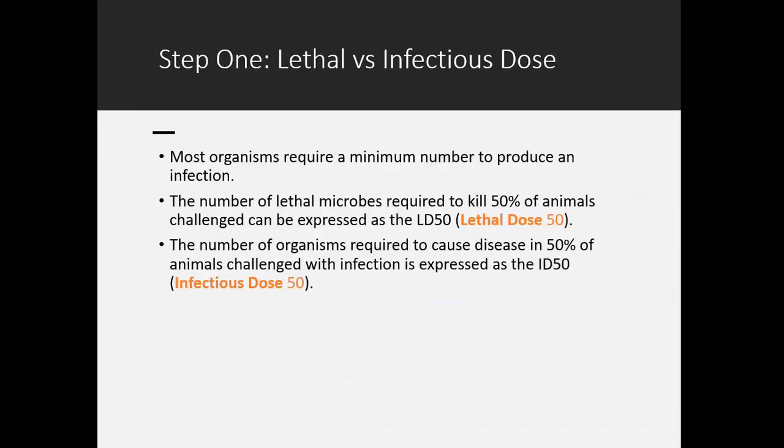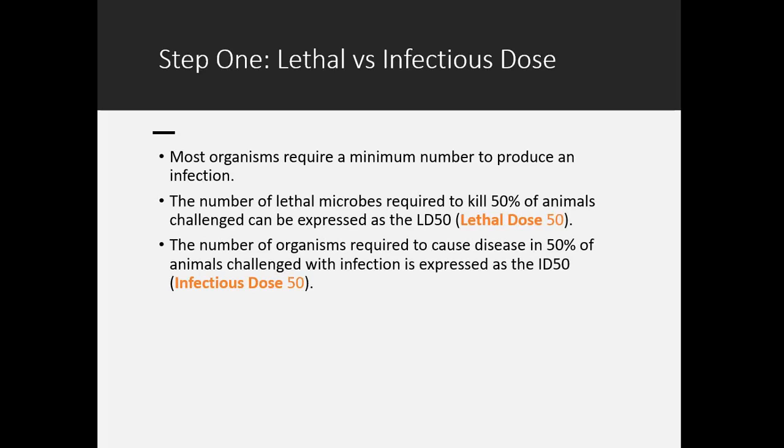Now, not only is it getting to the preferred portal of entry, but another consideration in step 1 is how many microbes are coming in at the same time. Because if you don't have enough microbes, depending on the pathogen itself or the body's defense mechanisms, a few microbes may not be able to get established and may not be able to go down that path to become a full pathogenic state. So it's the number that also comes in.